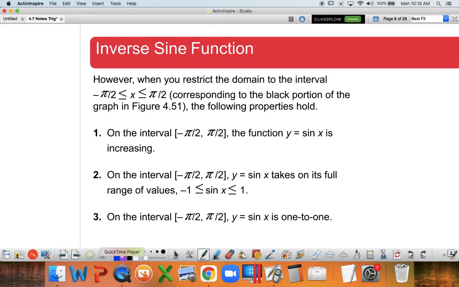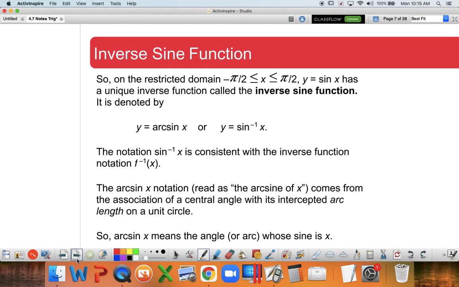So we're going to get some practice by actually graphing this on the coordinate plane as part of our first example. One thing to remember is that your book really likes to use the term arcsine. The arcsine really comes from the idea of a central angle with an intercepted arc on a unit circle, so that's where arcsine comes from.